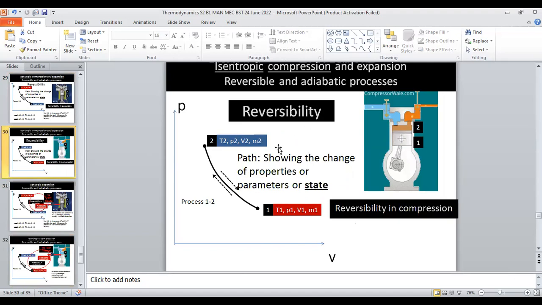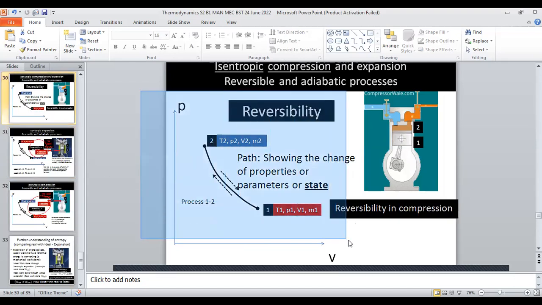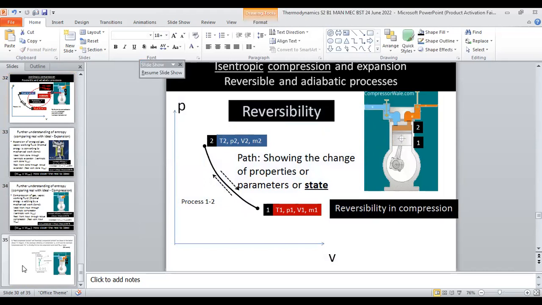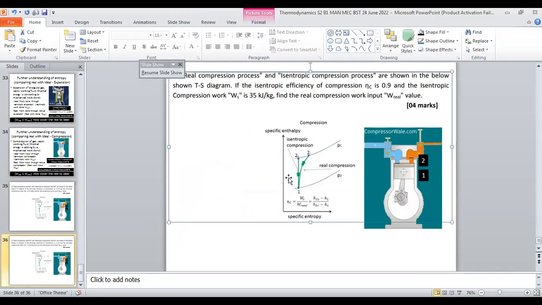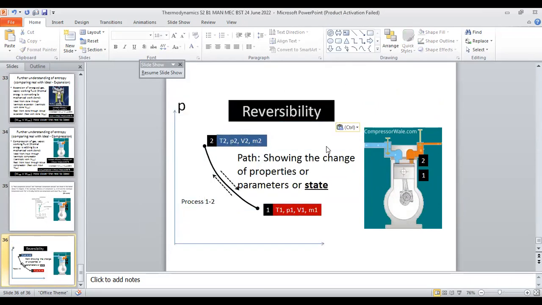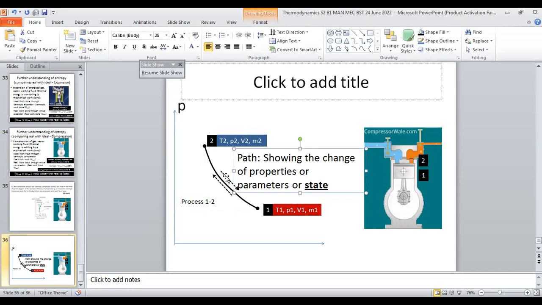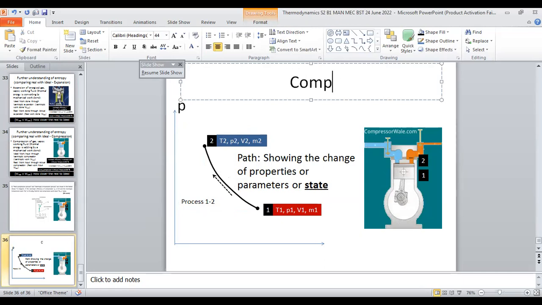So reversibility, you have an idea, but here is the compression process, one to two.